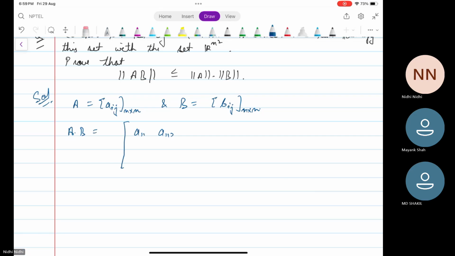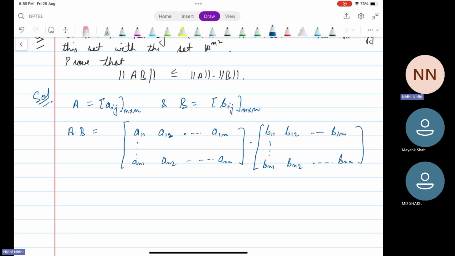A11, A12, A1N, down to AN1, AN2, ANN, times B11, B12, B1N, down to BN1, BN2, BNN.